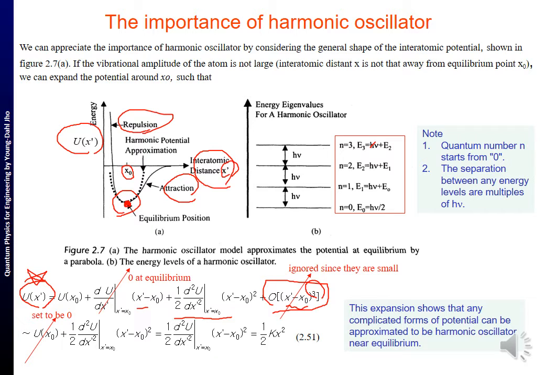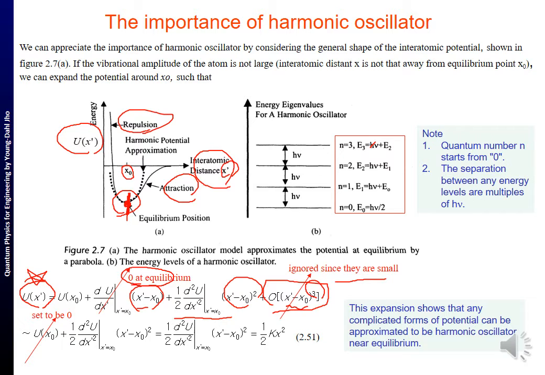Take the power of 3, then it will be very small, so it will be ignored since these are smaller than the first order term and second order term. And then dU/dx prime should be 0, because it is at this minimum point.